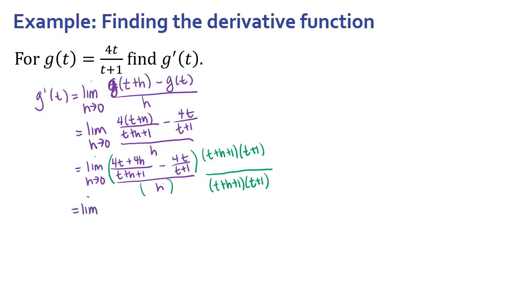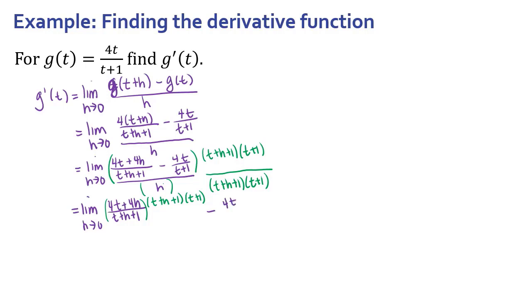I always write out this step just because I have found if I don't, sometimes I can miss things. It's okay if you do not write out this step, but I just want to make sure that you're seeing where all of this is coming from. So I'm going to distribute this to every single term.